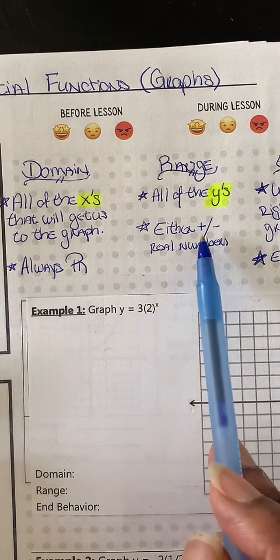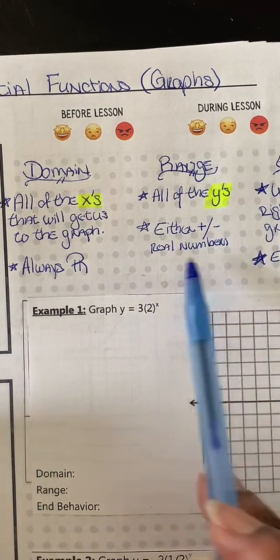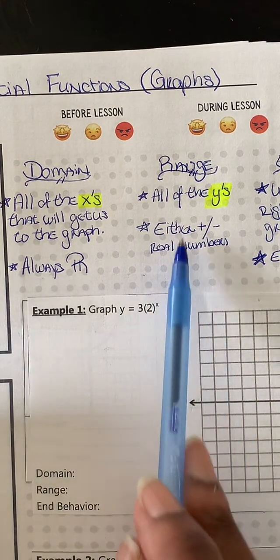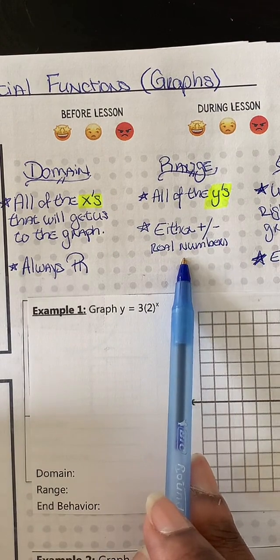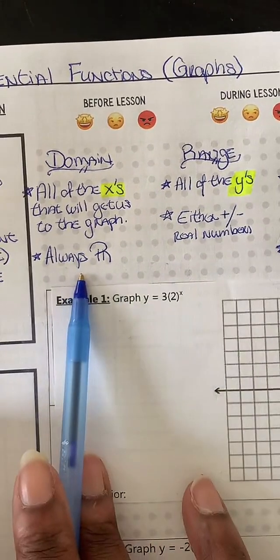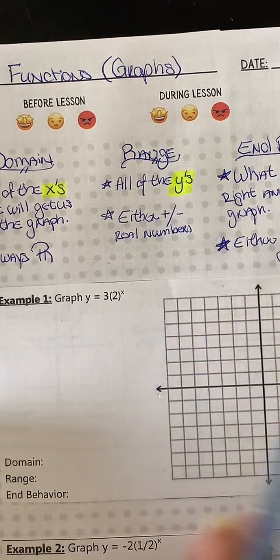Positive real numbers mean it's going up, and negative real numbers mean you're going downwards. Those are your two choices with range. And that's very consistent. So domain, all real; range, you're either going up or down.